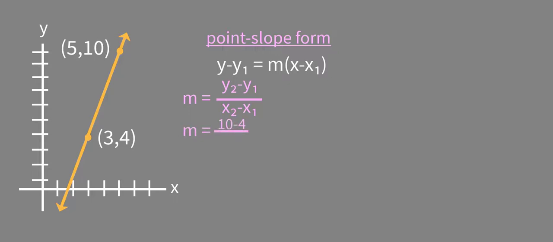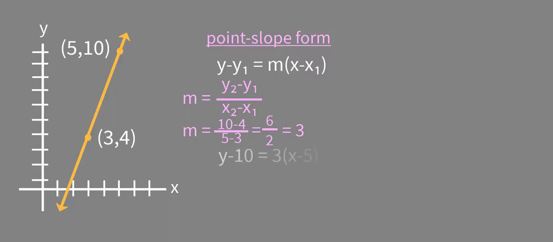So 10 minus 4 over 5 minus 3, which equals 6 over 2, which equals 3. And now we can use either point. So we'll start with (5, 10). So we'll make our y1 10 and our x1 5 in our point-slope form.